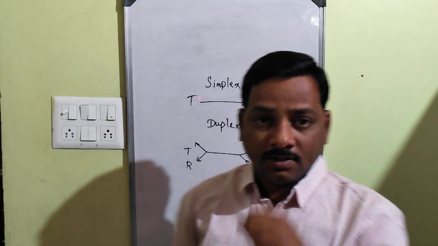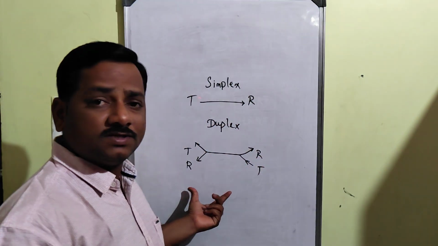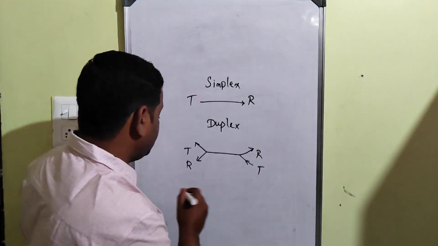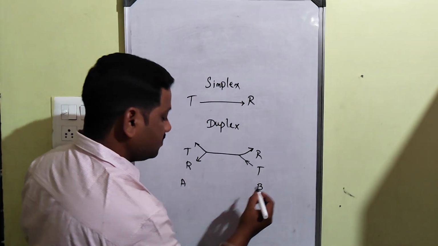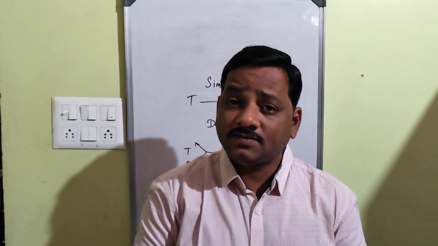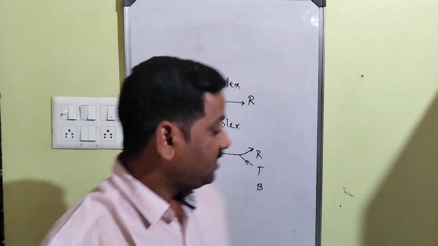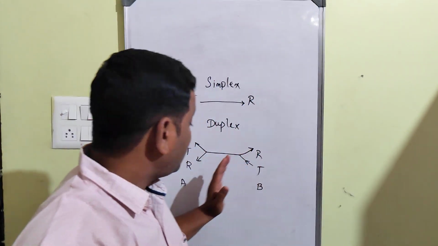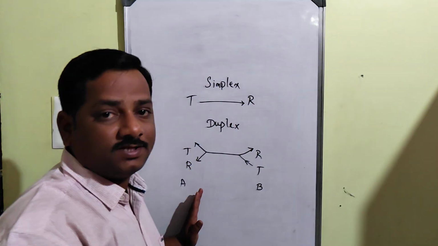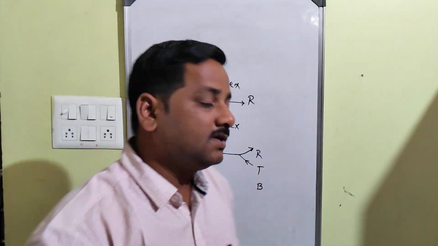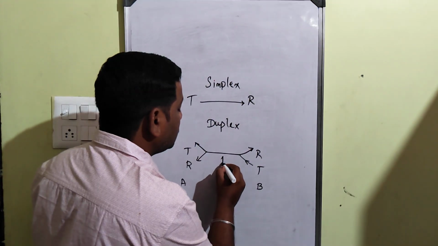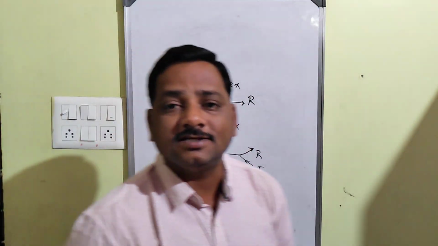Assume that this is person A and this is person B. Both have receiving and transmitting options. He can send a signal while he can also receive a signal. But one problem here is there is only one line to communicate.